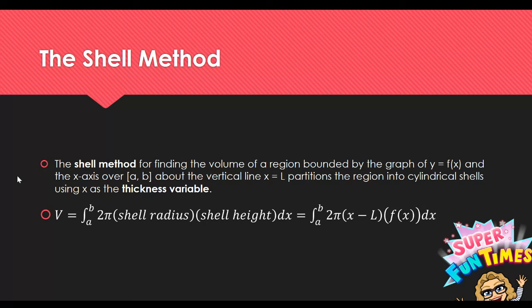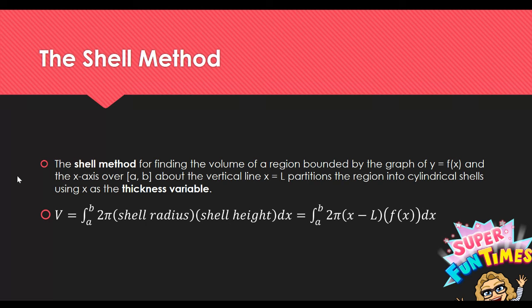And so the shell method is when we're breaking our solid into cylinders. And so we call them shells, which seemed weird to me. But if you think of like a shotgun shell and how it's a cylinder, but it's really thin, that's kind of what we're doing. It's like just these infinite cylinders.